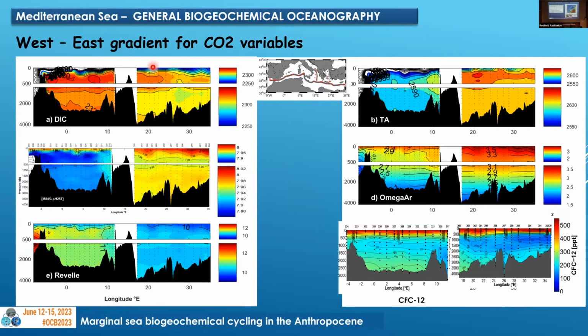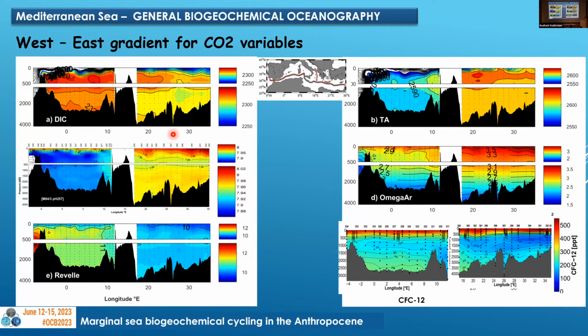Looking again at the vertical distributions, you can see again the west-east gradient for the different properties, DIC, alkalinity, this is pH, and this is omega aragonite and the Revelle factor. There is a huge difference between the basins, west-east, but also north-south, that I'm not showing here.